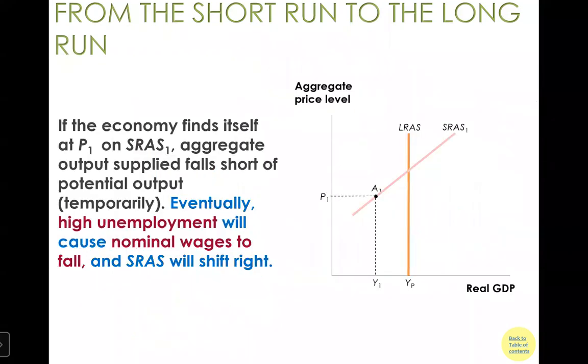So now, on the other hand, if we are at this level, opposite things happen, right? The actual GDP is below our potential.